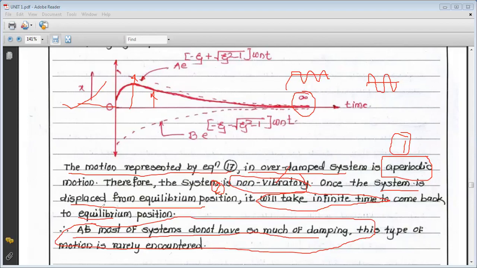We will see the significance of both, and their derivation, in our next lecture: the critically damped system where zeta is 1, and the underdamped system where the value of zeta is less than 1.